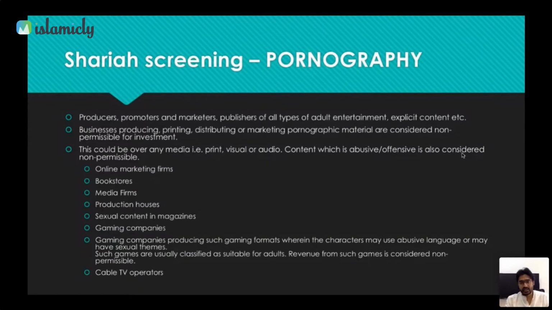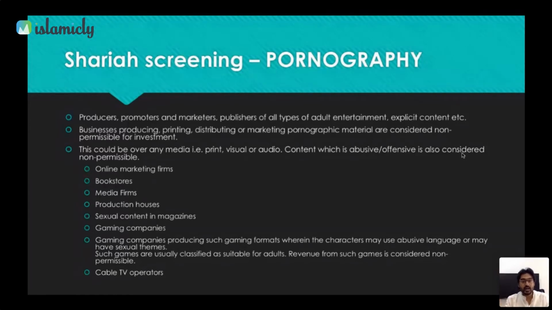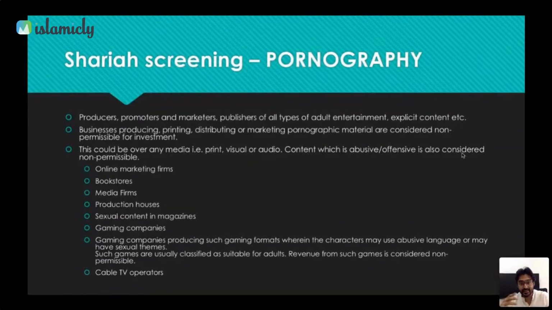So regular suspects over here are online marketing firms, bookstores which sell pornographic material, media firms which have magazines, production houses, sexual content magazines, gaming companies which probably have games which have pornographic material in them, or have abusive or offensive content, and are excluded.